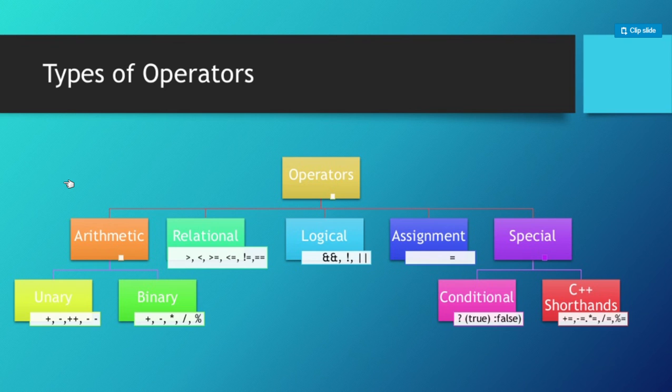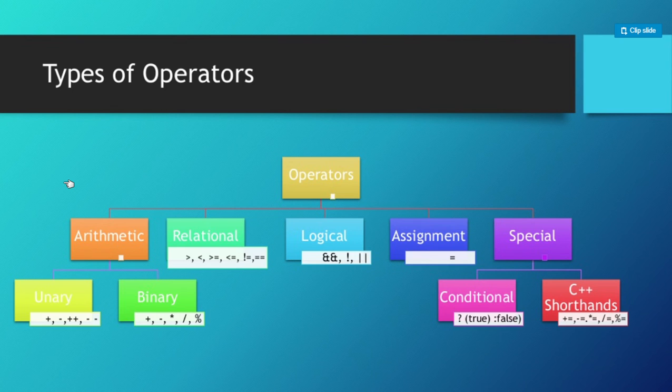In assignment operators, any value is assigned to a variable. For example, x is equal to 20, where x is the variable and 20 is the value.